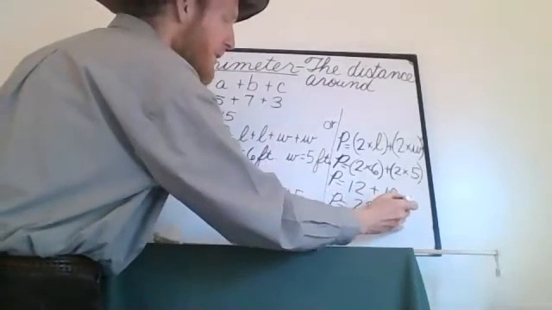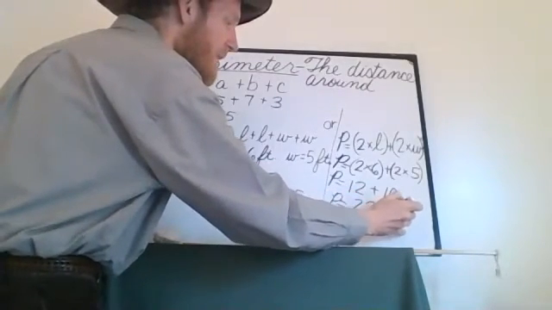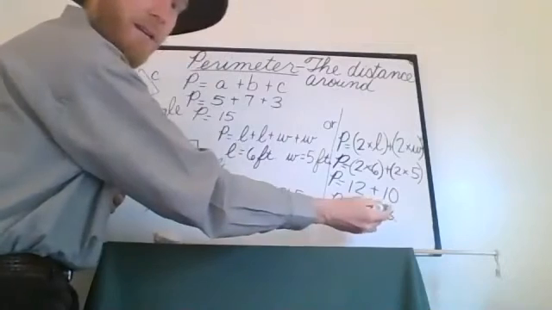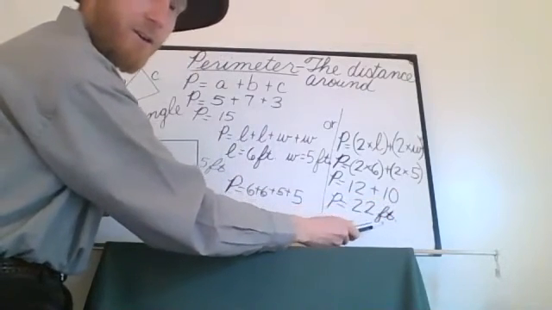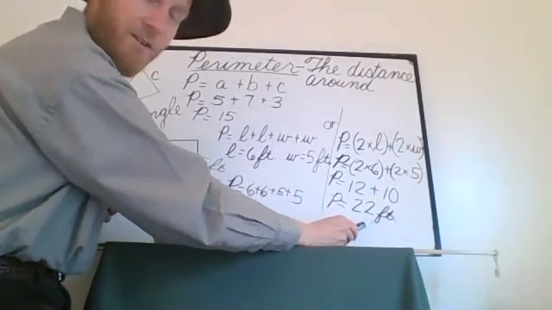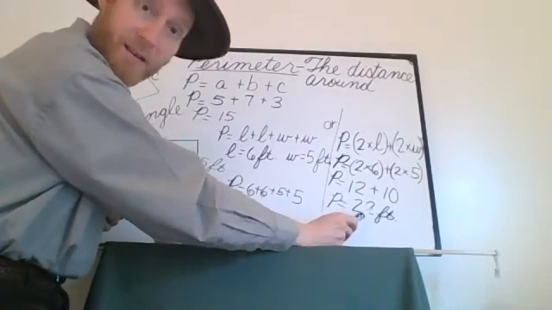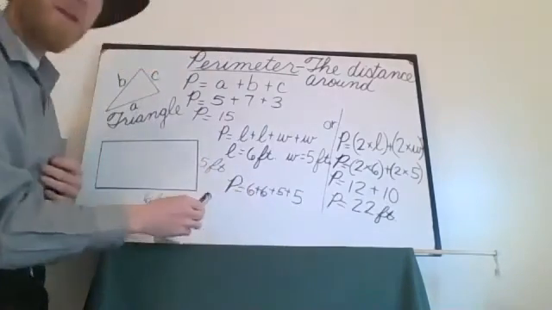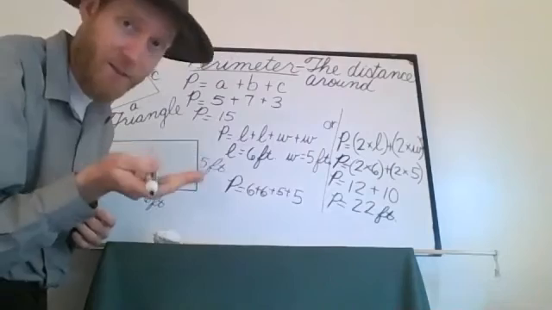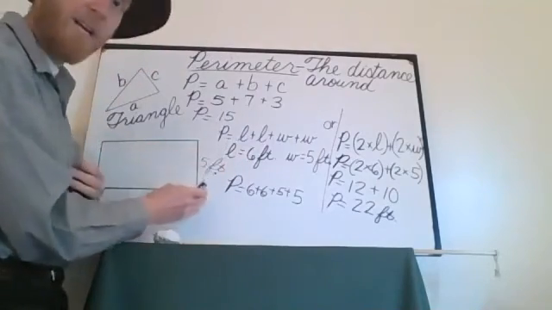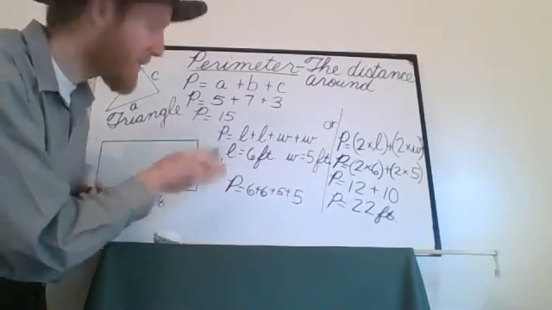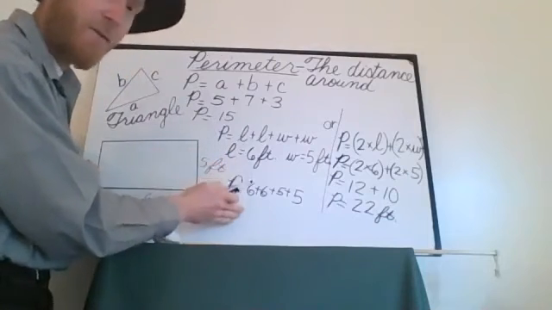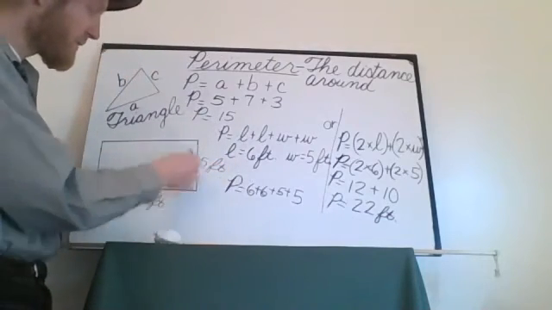So always put your units. If it's feet, put feet. If it's yard, put yard. If it's inches, put inches. Does that make sense? You may watch this video as many times as you want. Again, 2 ways to do the perimeter of a rectangle, which is the distance around.